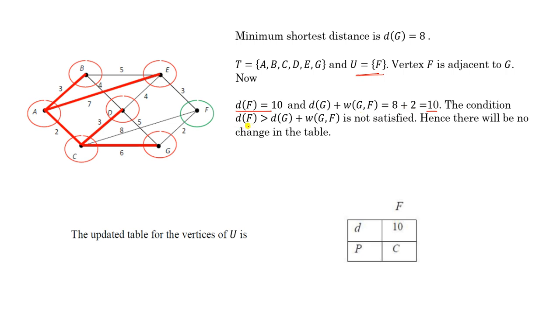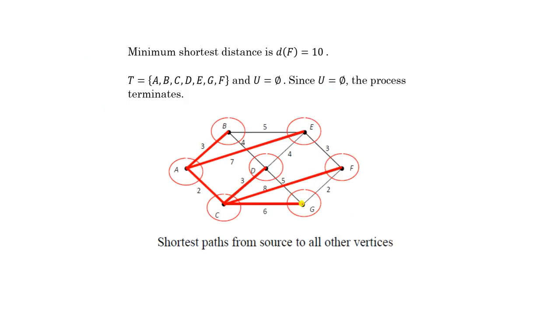Again, this condition is not satisfied, so no need to change the table. So finally we will have this table. The shortest distance of F will be 10 and the parent vertex of F will be C. So we will choose CF. So finally we will have this graph.